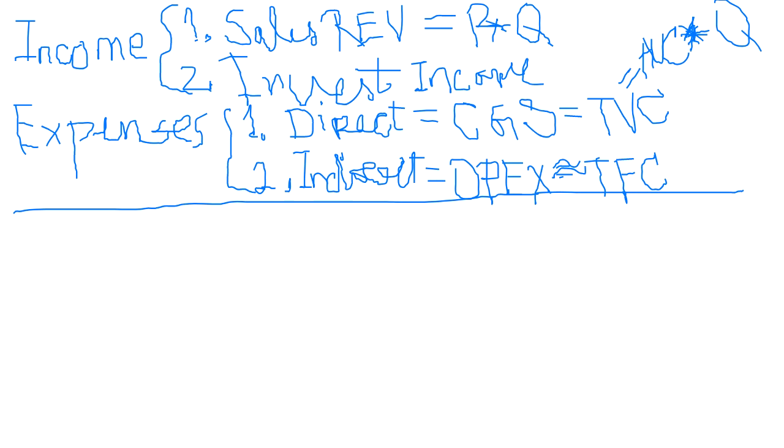Now, we understand what direct cost is and what indirect cost is. Indirect cost is the cost that is not directly related to production, right? So what kind of cost is not directly related to production?